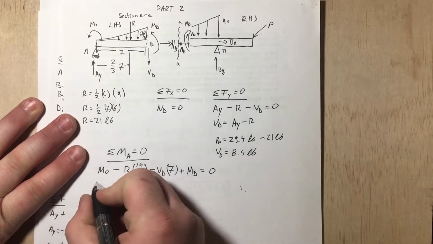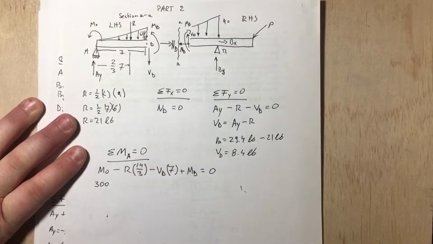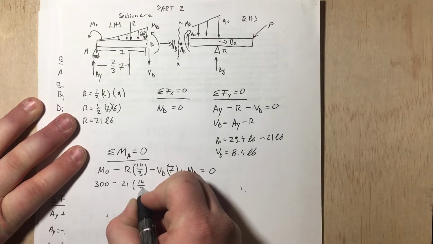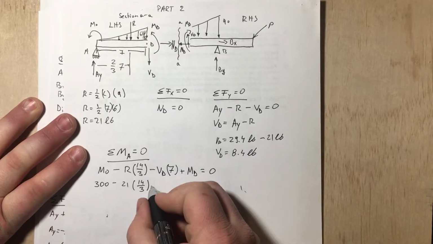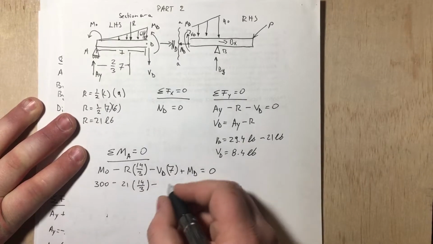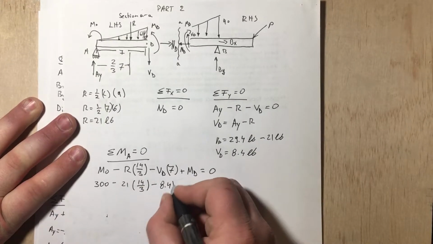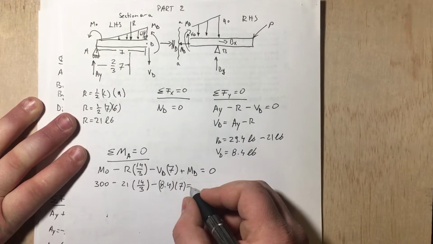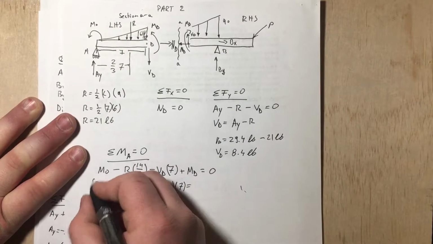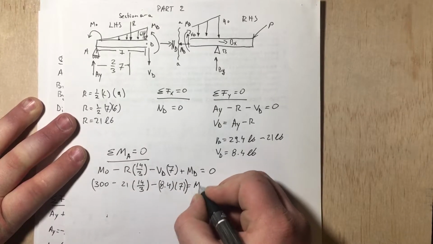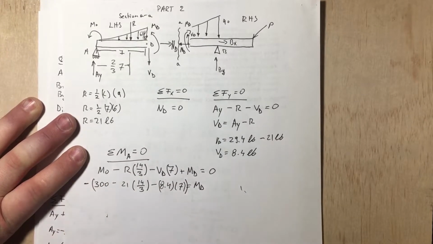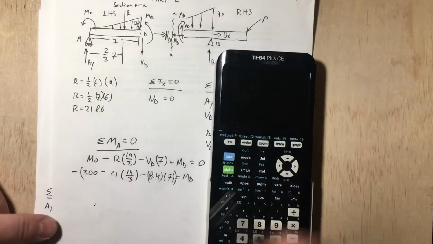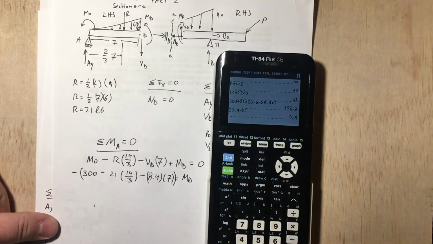Easy enough. So we have 300 by substituting the numbers in, minus 21 times 14/3, minus VD was 8.4 times 7 equals MD, but that's going to be negative. So let's go ahead and plug that into the calculator and see what we get.